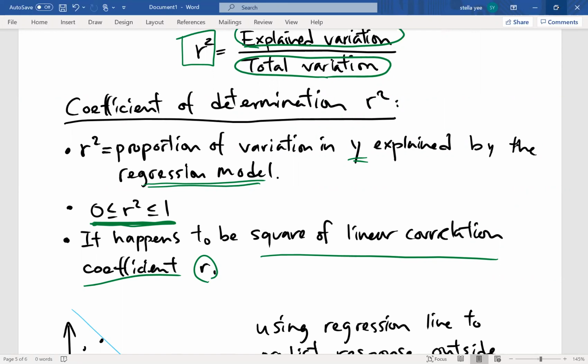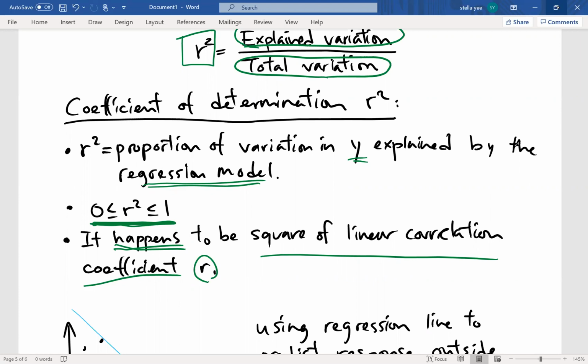So they are related. But I use language like "it happens to be a square" because it seems more like a coincidence rather than some deep mathematical connection between the two different constants that were presented here.